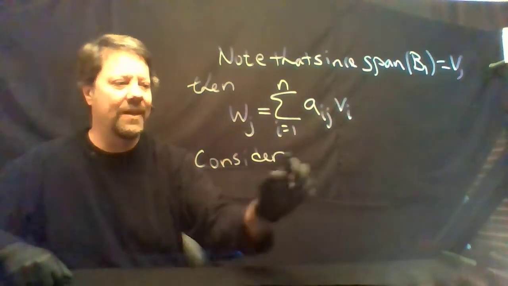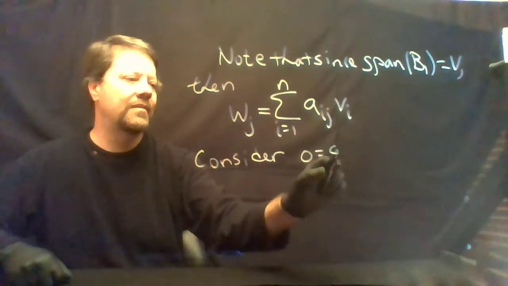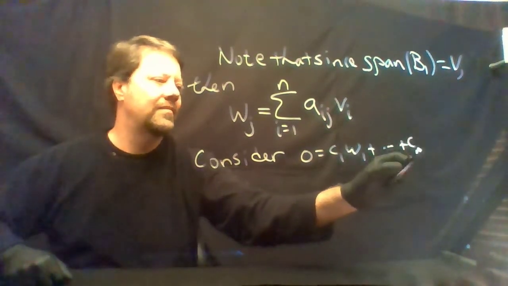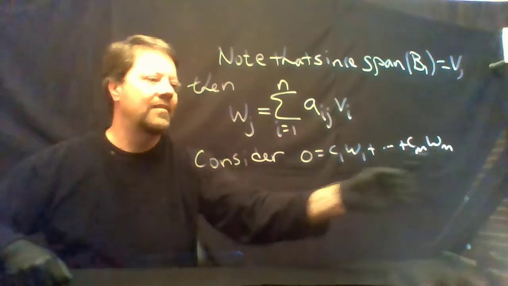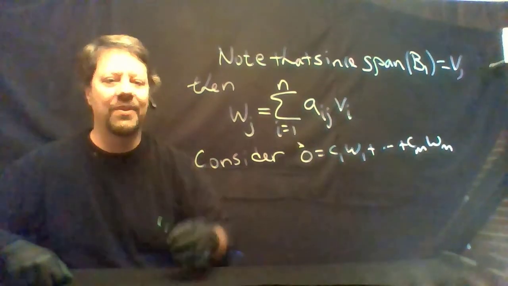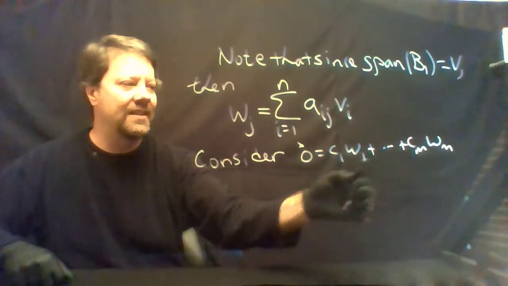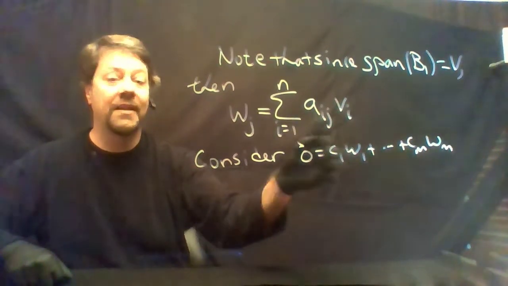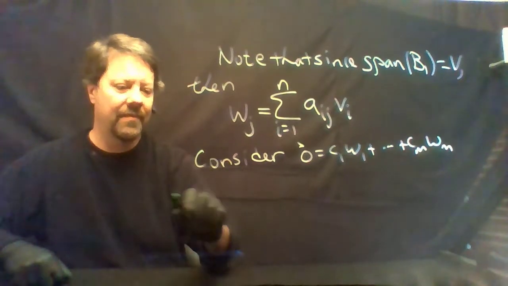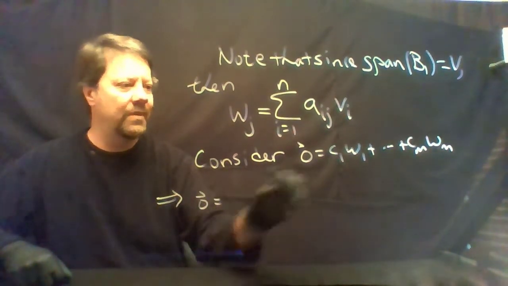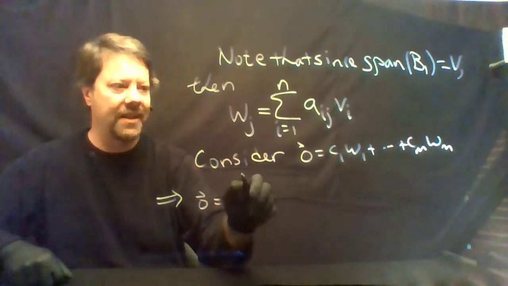Consider the following equation. A linear combination equal to the zero vector. Each of these w's can be represented in terms of the v's. We'll have the situation as follows.